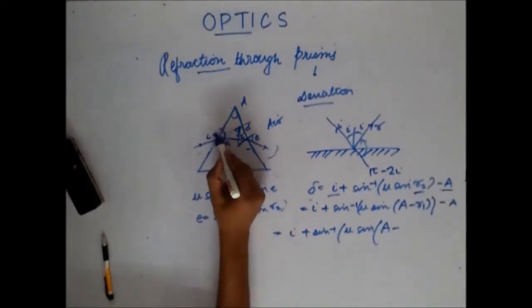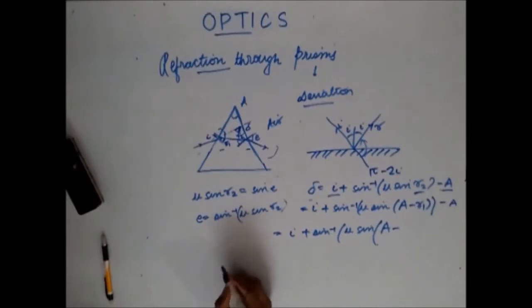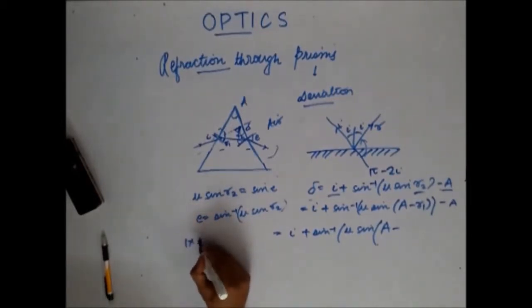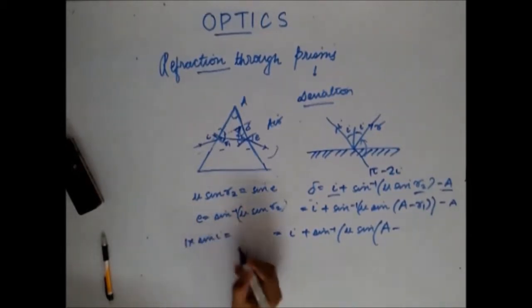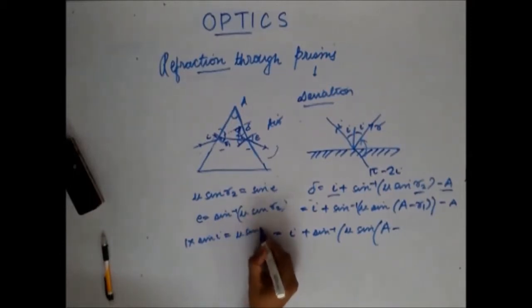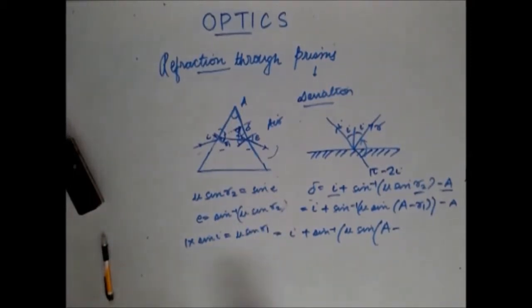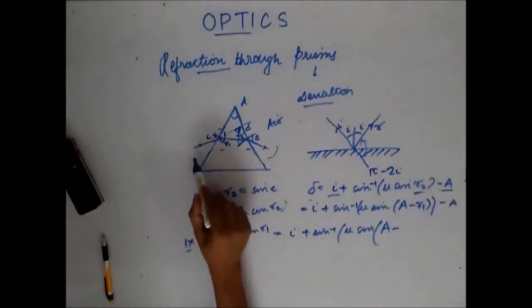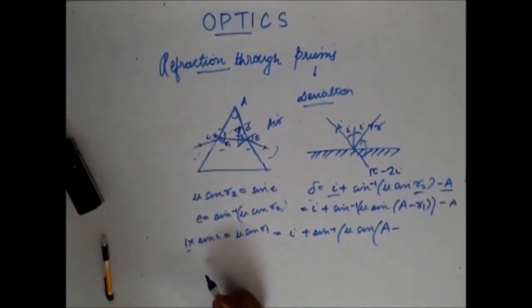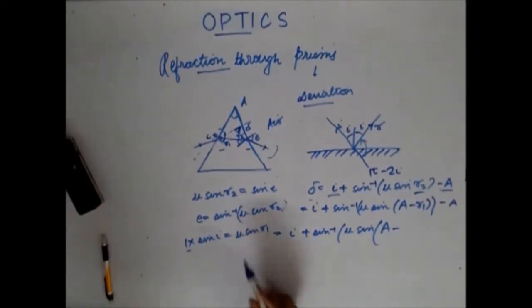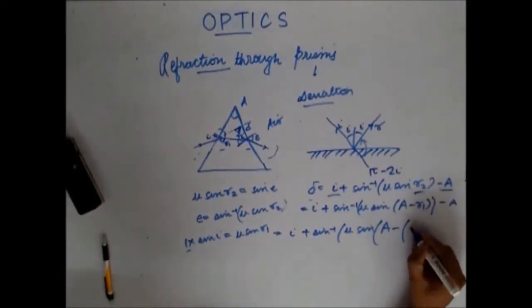Now I'll apply Snell's law at this refraction point. 1 into sine of I is equal to mu into sine of R1, 1 because this is air. So I'll get R1 as sine inverse of sine I by mu.